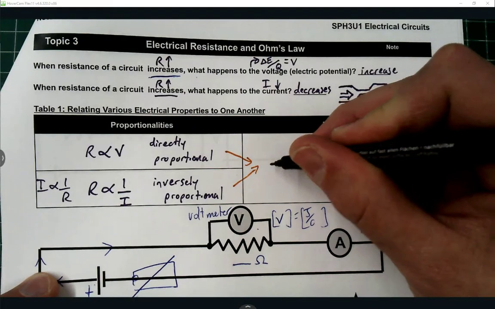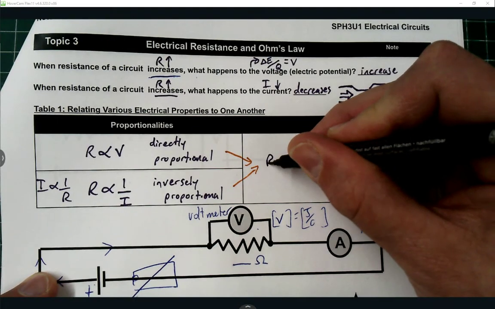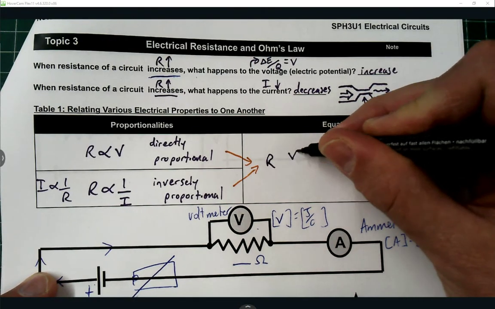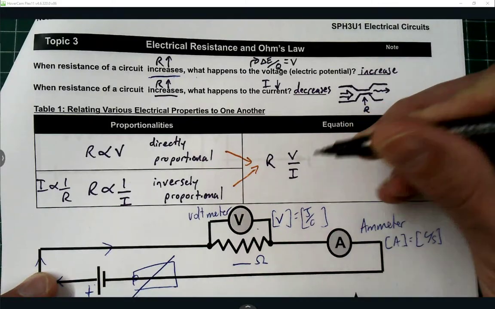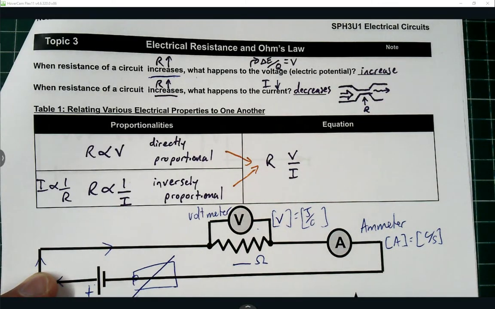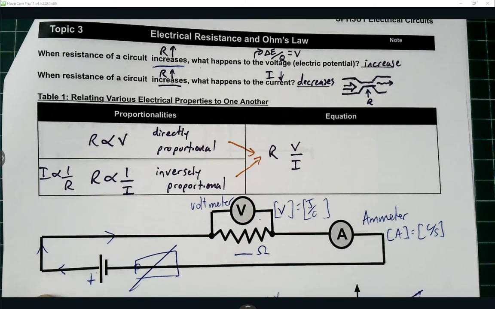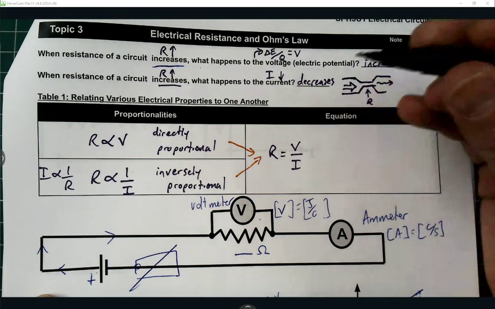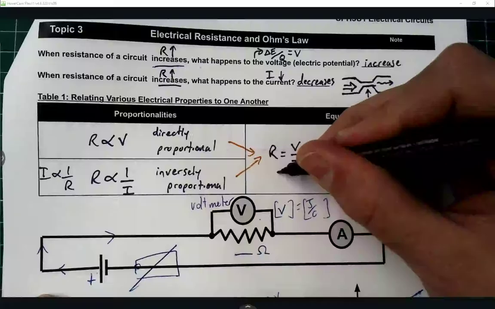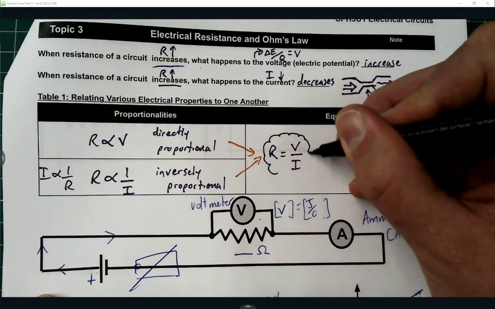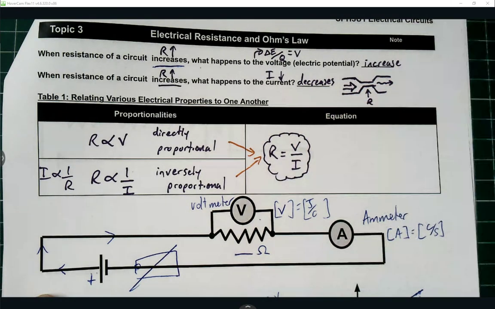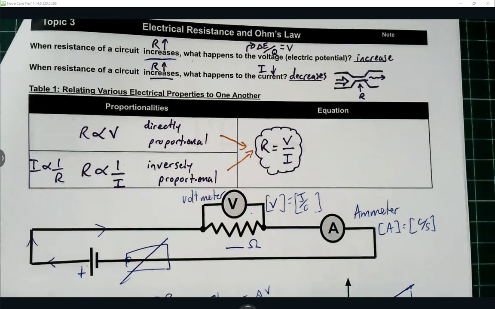And just proportionally, I could make the argument that resistance is going to be proportional to V divided by I. Now, I want to take it one step further, and in a minute, we're going to use graphing methods and actual data to show that these are not just proportional to each other, but in fact, resistance is equal to voltage divided by current. We'll get at it using a graph and using slope, but that'll come in just a minute.